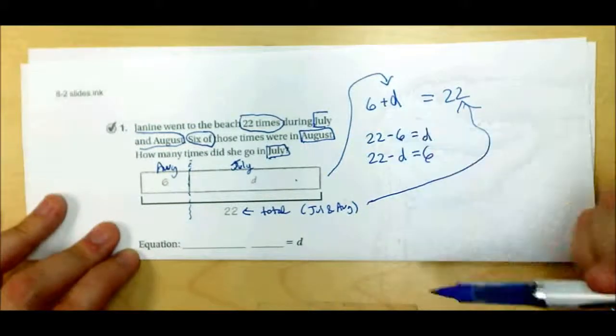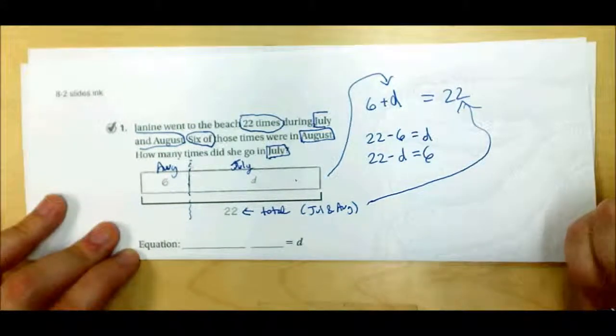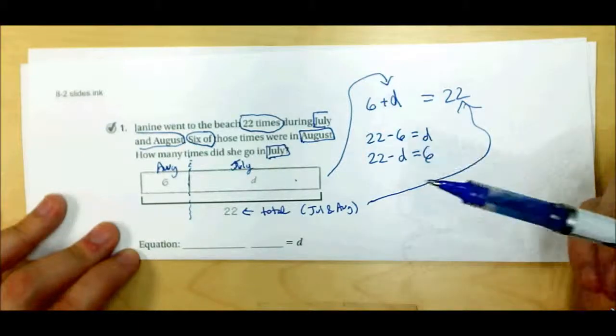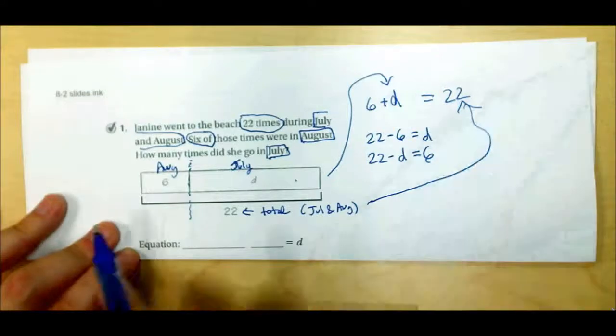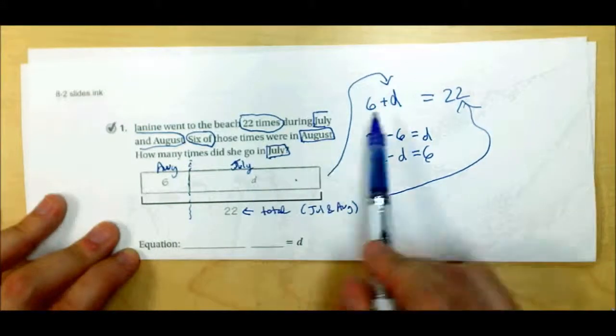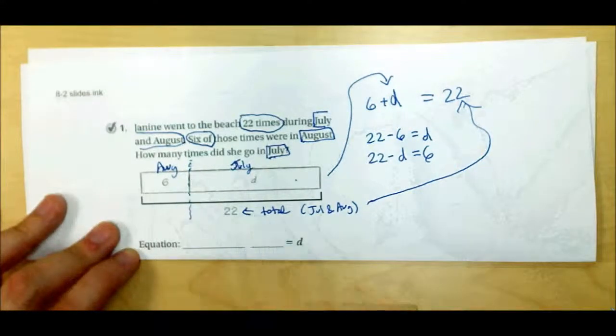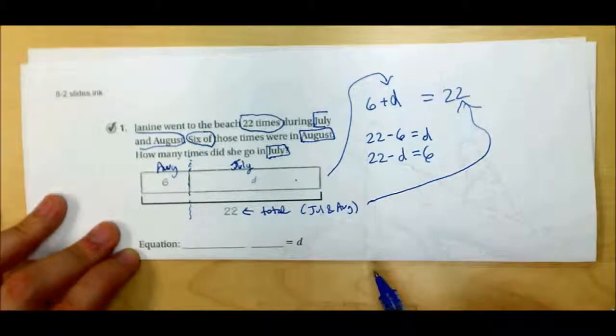All of these equations are perfectly valid. You just do whatever way makes the most sense to you. I like this way because I can just say, well, this equals this. But these are good too.